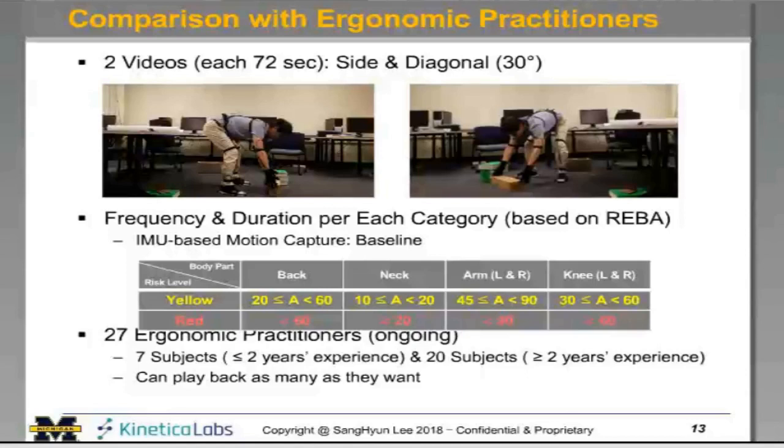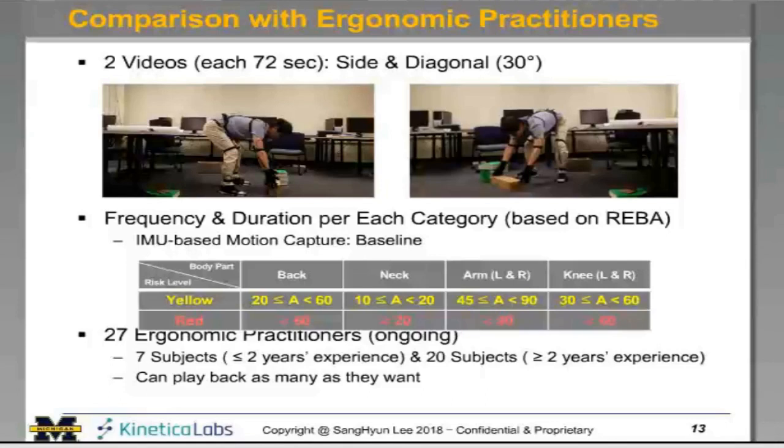We used two videos, each 72 seconds, one a side view and one a diagonal view, because depending on the view angle, the measured angle can be different. So we would like to determine the accuracy at the side level for human ergonomic practitioners and our technology, as well as at a diagonal, like 30 degrees.